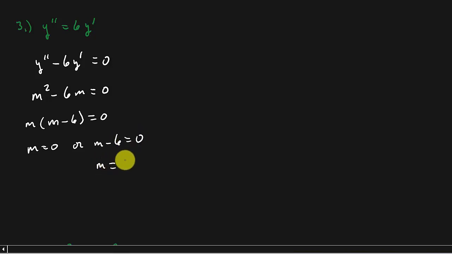So m equals 6. So we've got y equals c1 e to the 0 times x plus c2 e to the 6 times x.